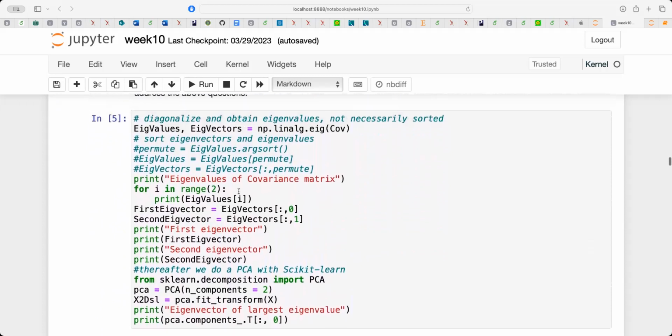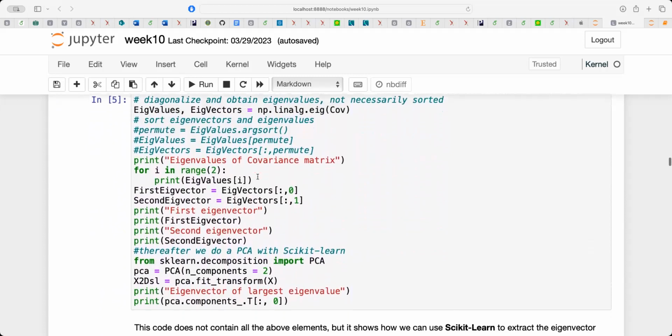If you collect all the steps here, this code actually does everything. And if you use scikit-learn, which is a very popular library, you can simply decide to reduce the matrix in terms of specific components. There is a scikit-learn function which simply does PCA, and you define the number of components you want to keep.